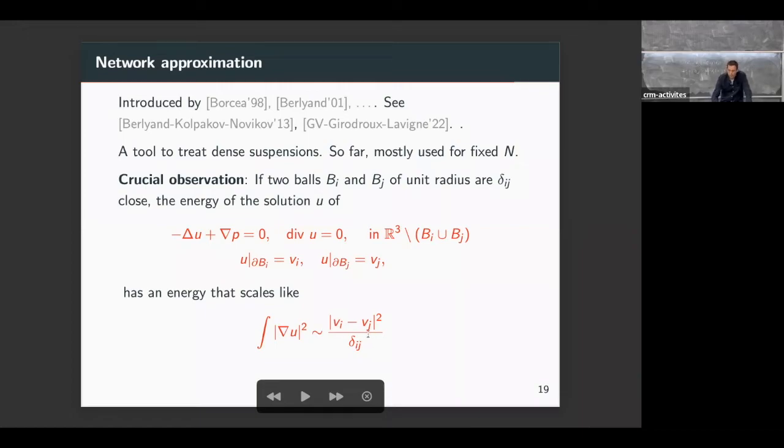This is the contribution of the drag force, physically speaking. So the drag force scales like the inverse of the distance between the two particles, and that's the main reason why the particles cannot collide. So that explains the global well-posedness result I was stating at the beginning.